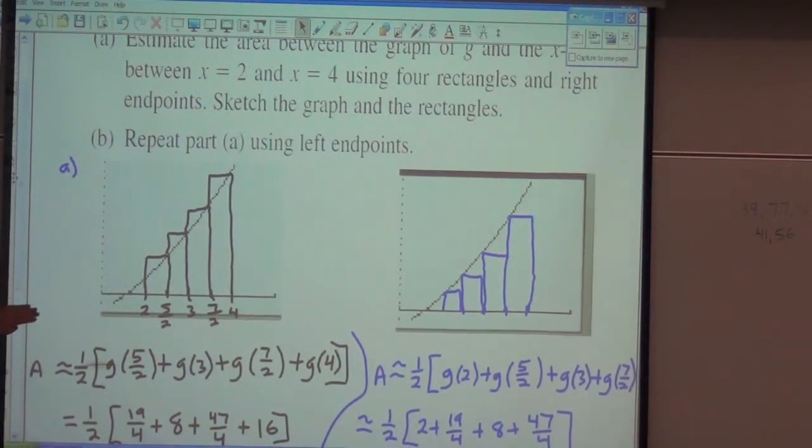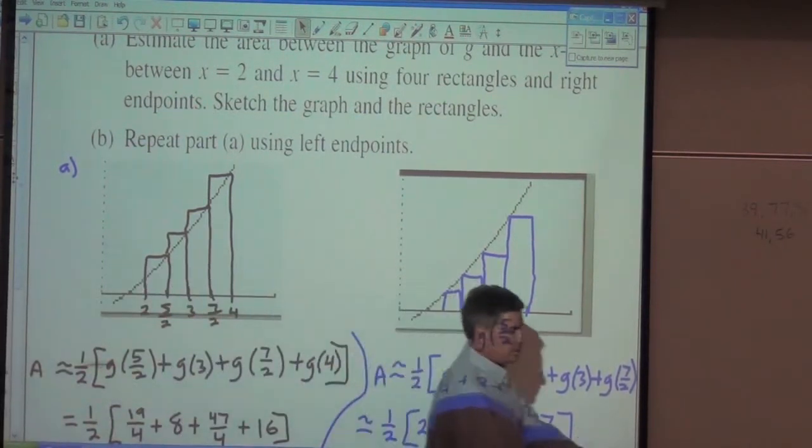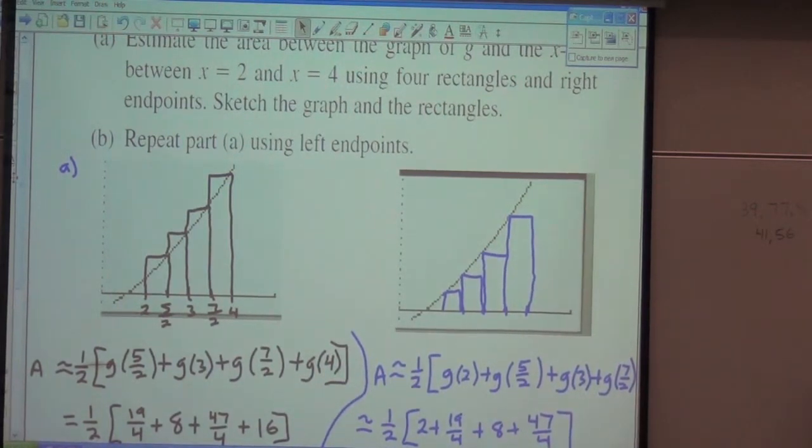If the graph was decreasing, if the graph curved this way, and we started drawing our rectangles, then the left endpoints are going to be too big, and the rights would be too small. Then the right ones would be closer, because the smaller you go, the smaller the rectangles get, and the less off they are.